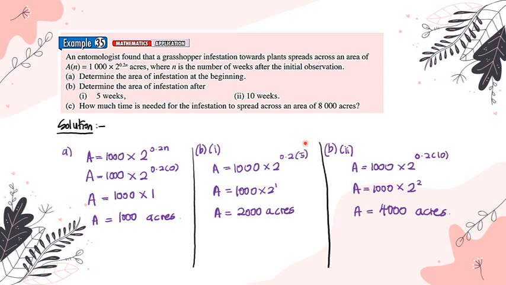For question B1, we want to determine the area of infestation after 5 weeks. So we substitute the value of 5 into n, and we will get area is equal to 2000 acres. And for B2, we substitute the value of 10 because we want to find the area after 10 weeks, and we will get 4000 acres.